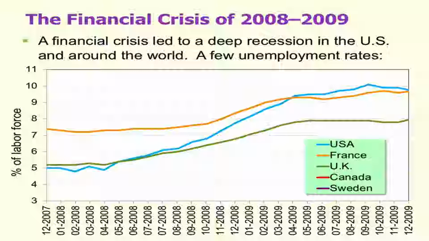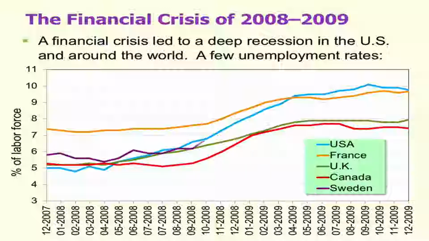Britain's didn't rise to the same magnitude, but it increased. 3% is a lot of growth in unemployment. Canada mirrored them. Even Sweden, which has a fairly stable economy, mirrored them. That's not good. Those are leading global economies, and when they're in that kind of shape, imagine the poorer nations of the world, who rely on these wealthy nations to buy their exports.